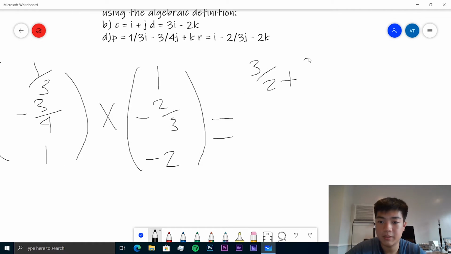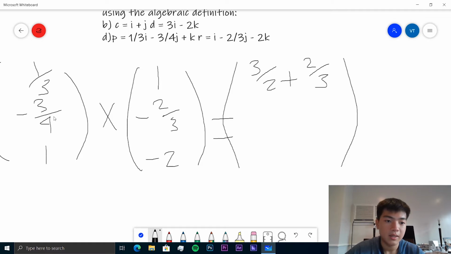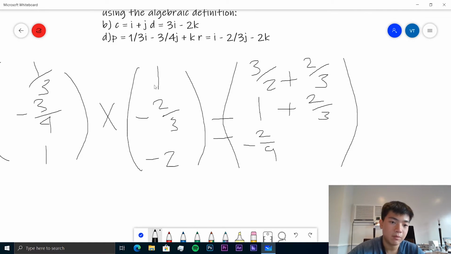So that's plus 2/3. Next is A3B1. So A3B1 is 1 minus A1B3. So that's plus 2/3. And then finally, we have A1B2, which is negative 2/9 minus A2B1. So that's plus 3/4.